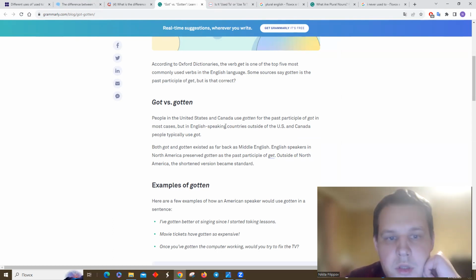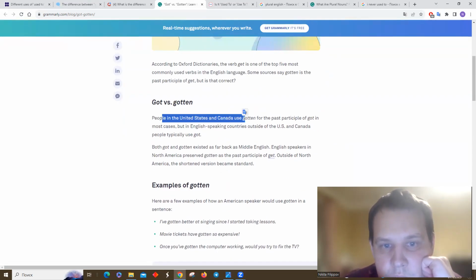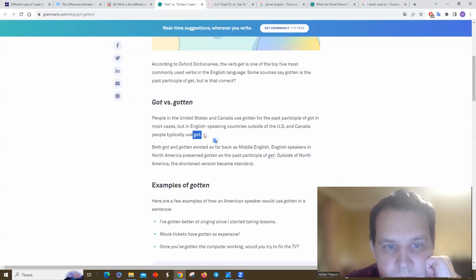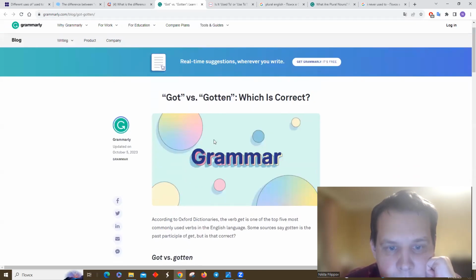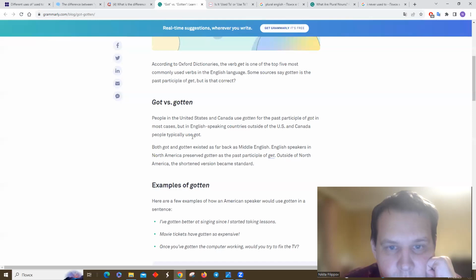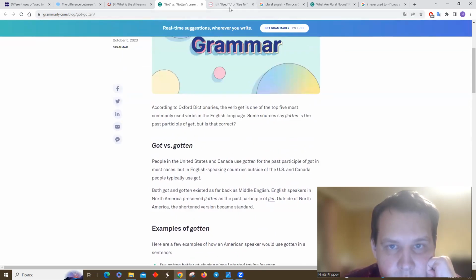But the difference is only the difference between British and American English, right? So people in the United States and Canada use "gotten," but English-speaking countries outside of the US and Canada use "got." So that's mostly about whether you want to speak American English or British English.